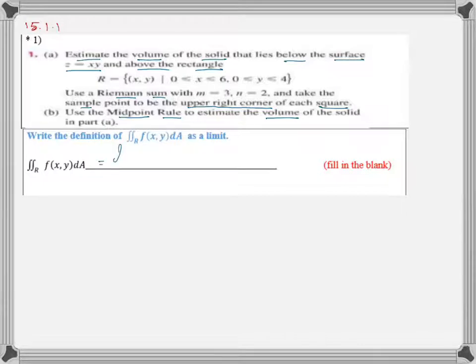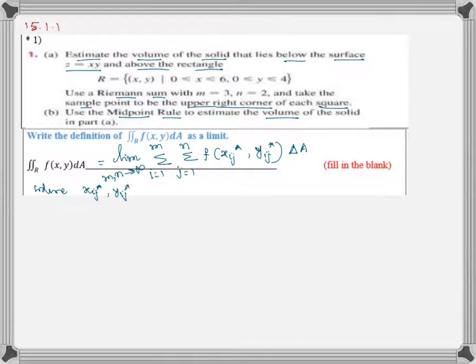The double integral of f of xy dA is the limit as m and n approach infinity, sigma i varying from 1 to m and sigma j varying from 1 to n, f of xij star, yij star, delta A. Xij star, yij star stands for the sample point in the rectangle Rij, and delta A is the area of that rectangle Rij.